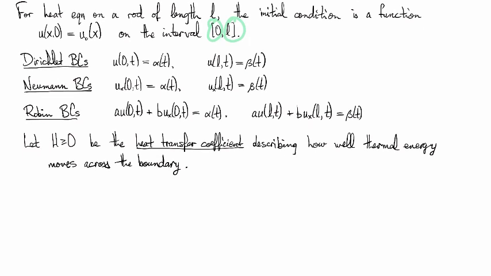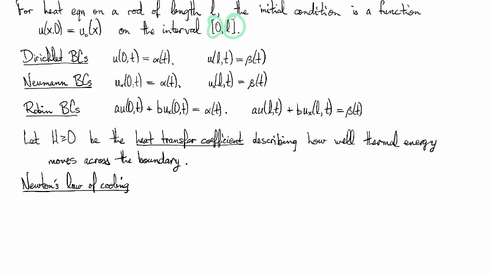So then if we look at Newton's law of cooling, Newton's law of cooling states that the rate of cooling of an object is proportional to the difference between the object's temperature and the ambient temperature.